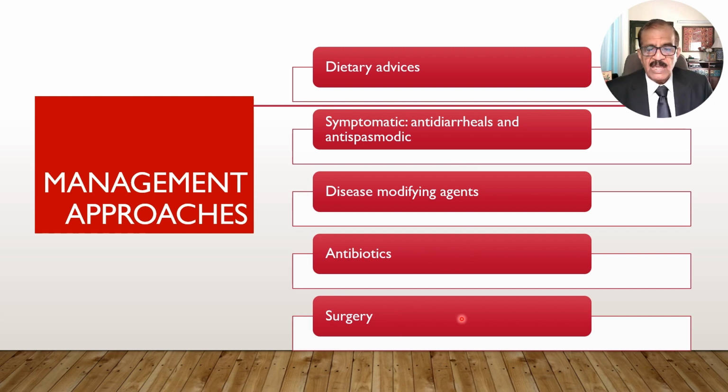Then surgery in ulcerative colitis, sometimes we have to do hemicolectomy or total colectomy or sometimes removal of just the distal part, but of course that is not in my scope. But in Crohn's disease, if there is abscess formation or fistula formation, surgery may be required to correct that abnormality.